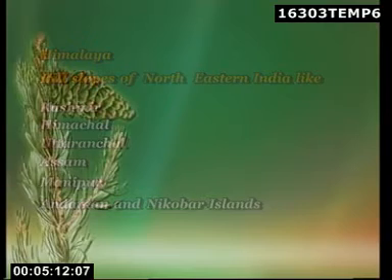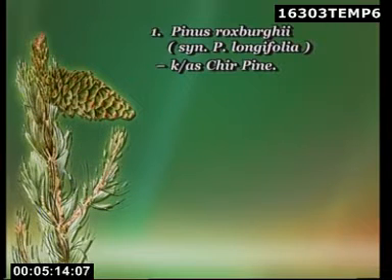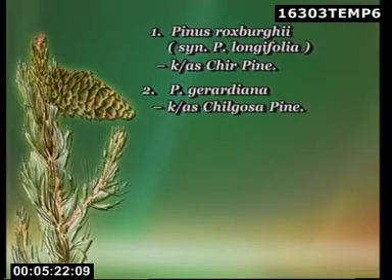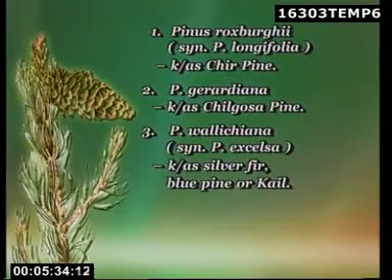Common Indian species are Pinus roxburghii, also known as Pinus longifolia, popularly called chir pine, Pinus gerardiana, known as Chilgoza pine. Students, you might have seen those Chilgoza dry fruits. Yeah, they are obtained from Chilgoza pine or Pinus gerardiana.